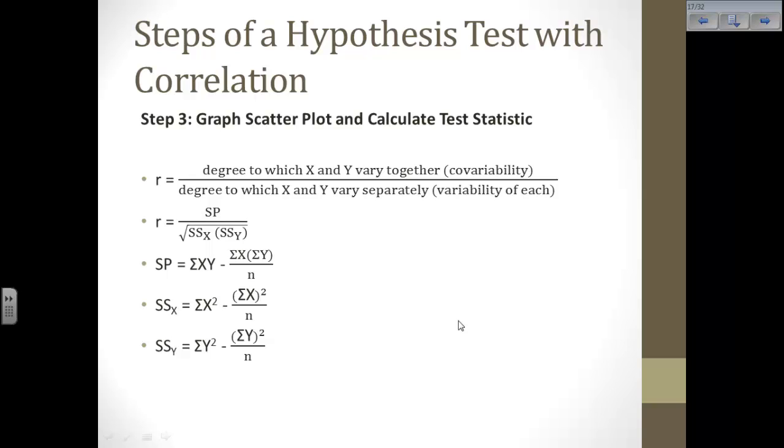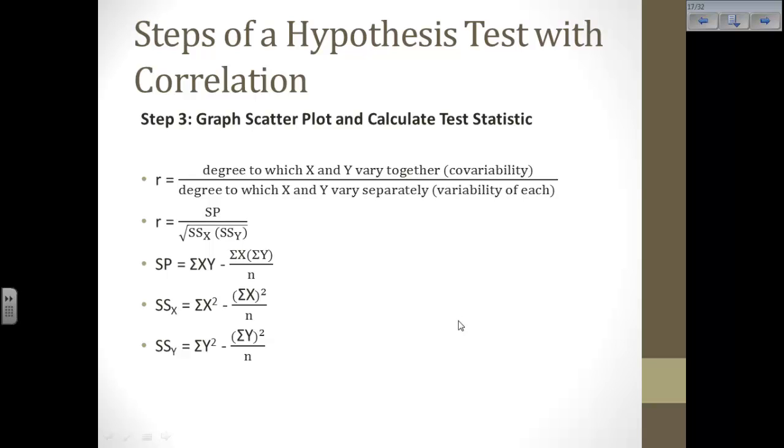So it helps you anticipate what value you will get for the correlation, and it also helps you check your work when you do calculate that value for correlation and make sure that you did it correctly. Okay, so in words, the formula for R, or the correlation coefficient, is equal to the degree to which X and Y vary together, or covariability, divided by the degree to which X and Y vary separately, or the variability of each.